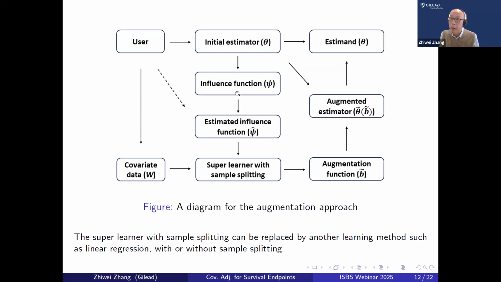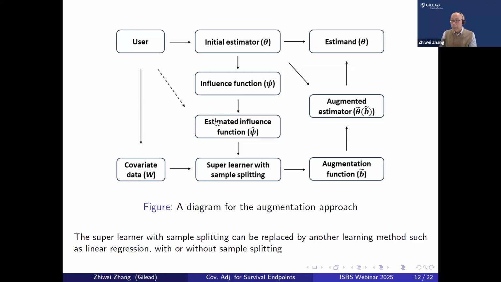Analytical estimates are available for standard analysis. For a user-defined initial estimator, the user has the option to also provide an analytical estimate of the influence function. This is an option, not a requirement, because we can always use the empirical influence function, which is computation intensive but readily available.